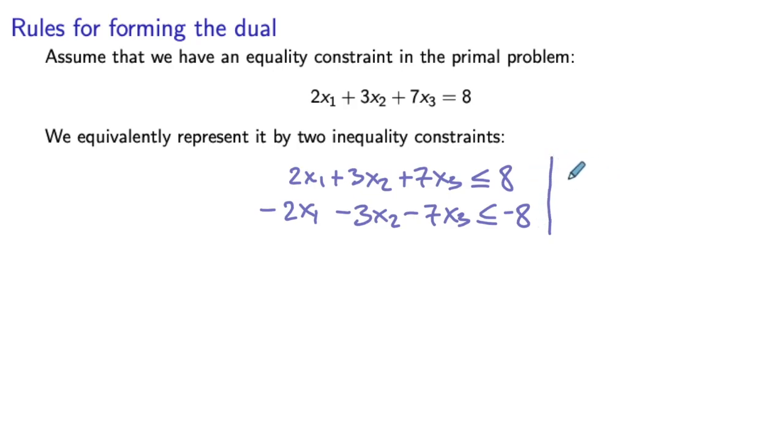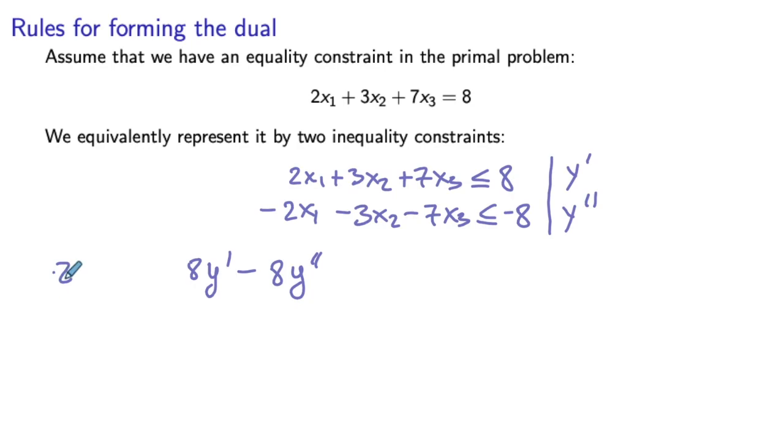Let's denote the dual variable for the first of these constraints by y prime, and for the second one y2 prime. Then we proceed as usual. The way this constraint from the primal is going to appear in the objective will be 8y prime minus 8y2 prime.